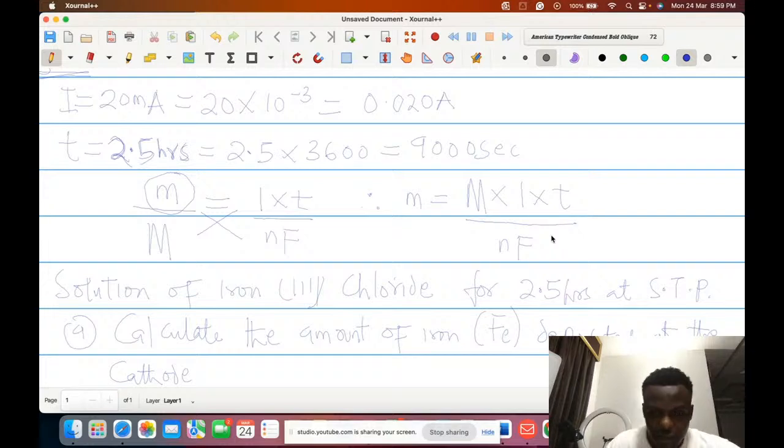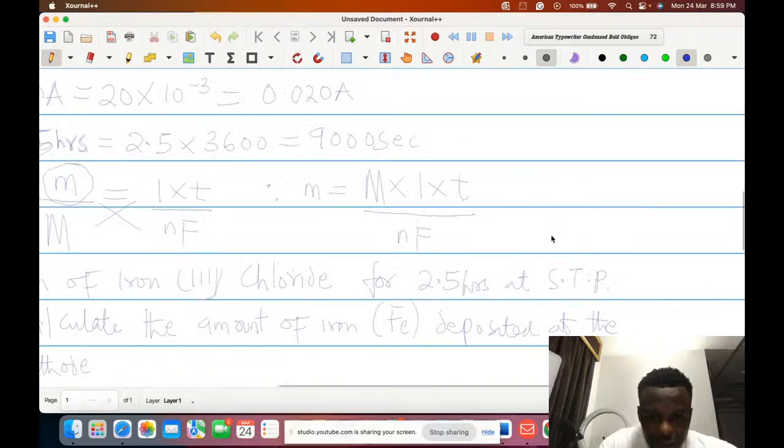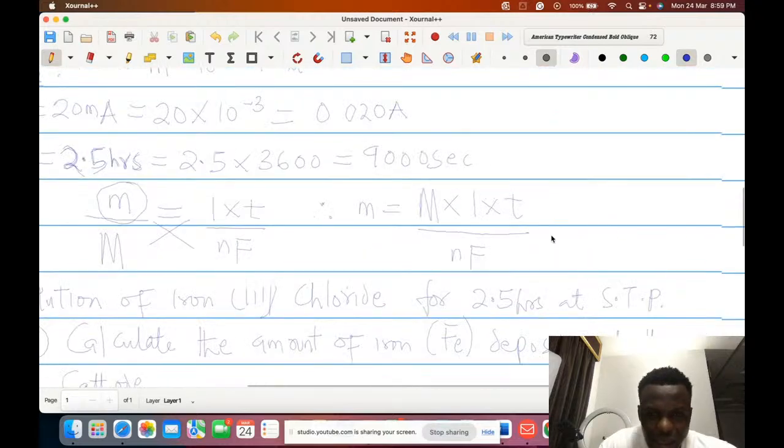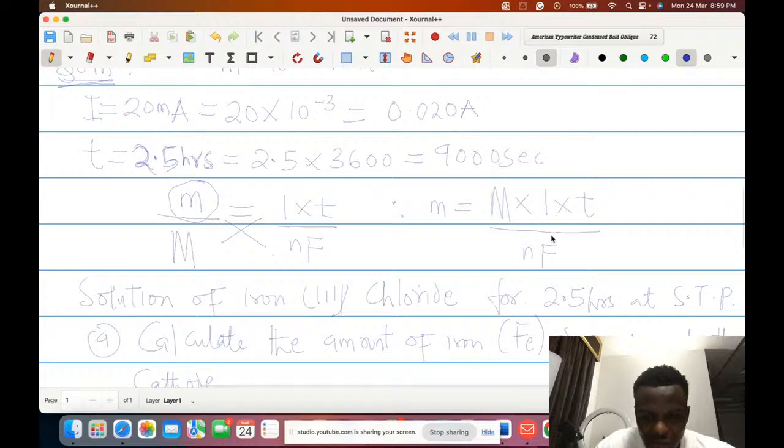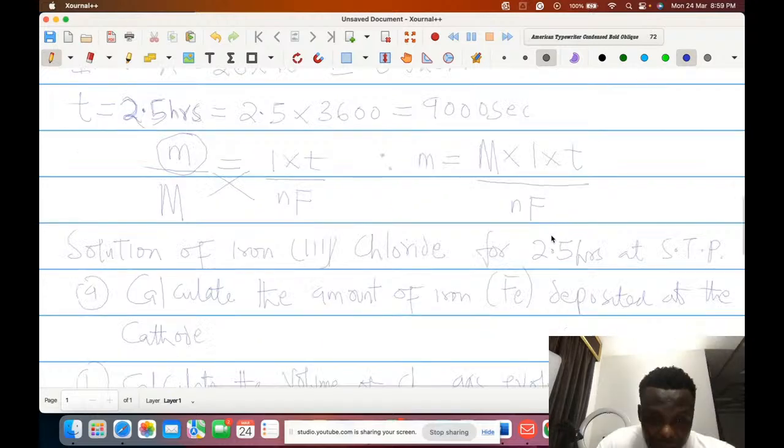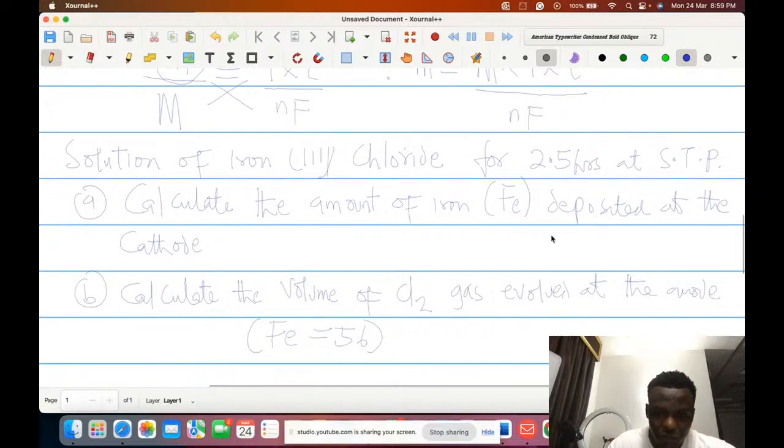All right. So how do we get our small letter N, and how do we get our F? F is a constant. The capital letter M, which is the molar mass, they gave us the molar mass of iron to be 56.